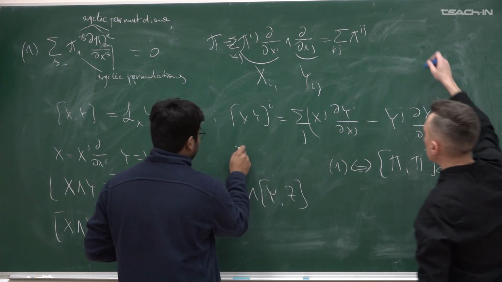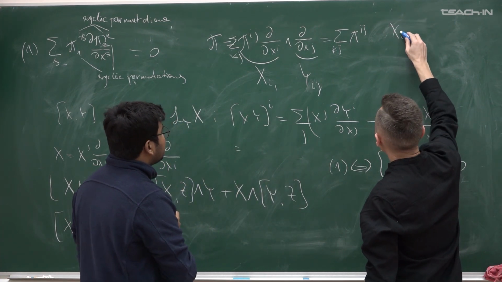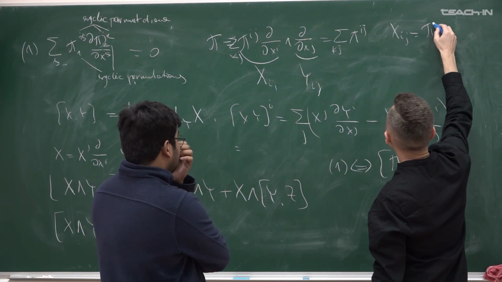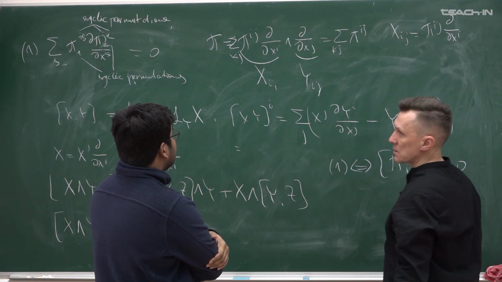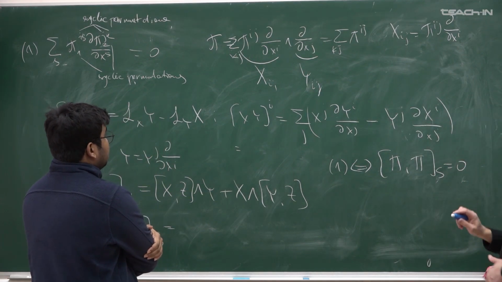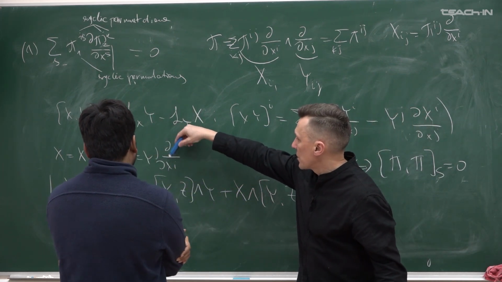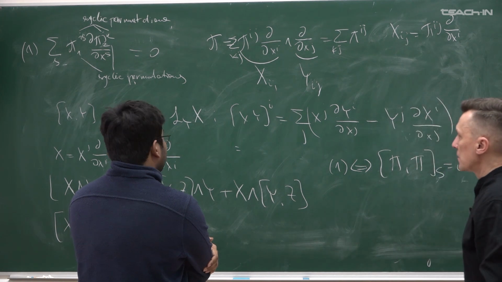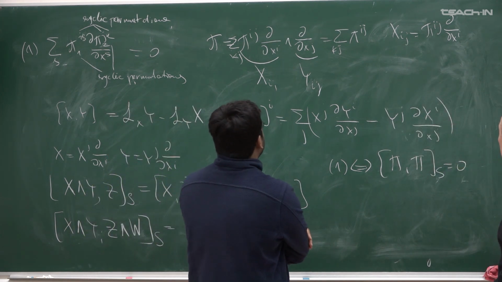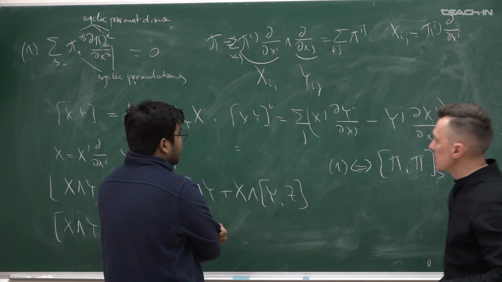So you see, X_ij is equal to pi_ij d over dx_i. Just like this. You see here we have a summation, but here it's just one component.